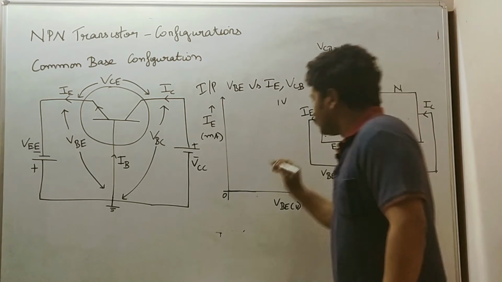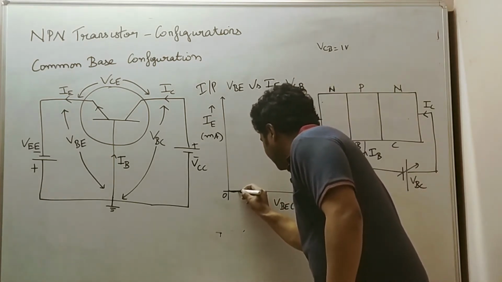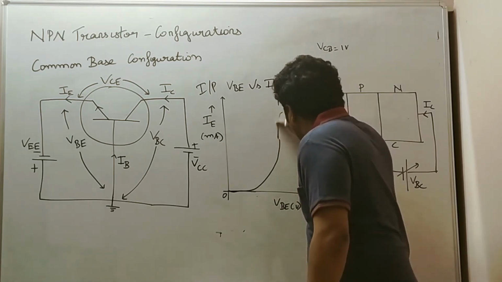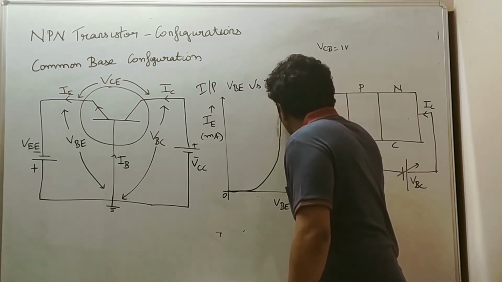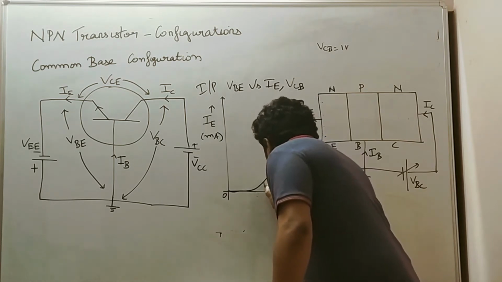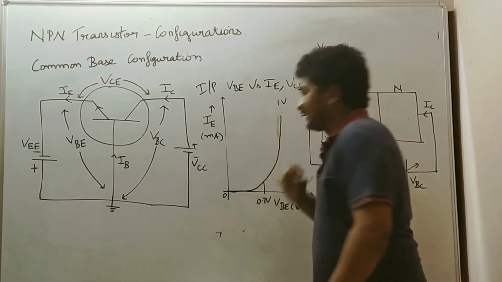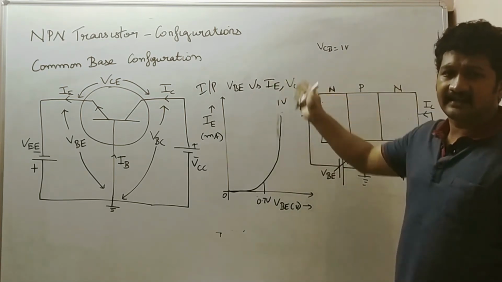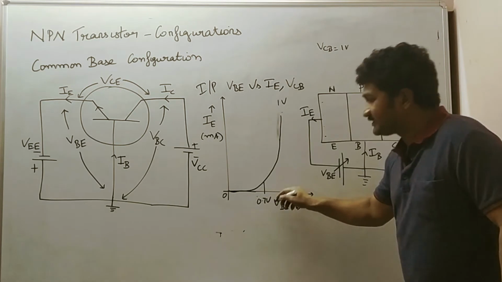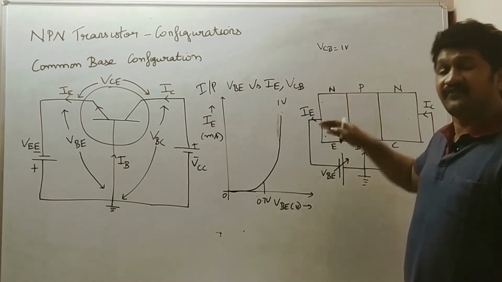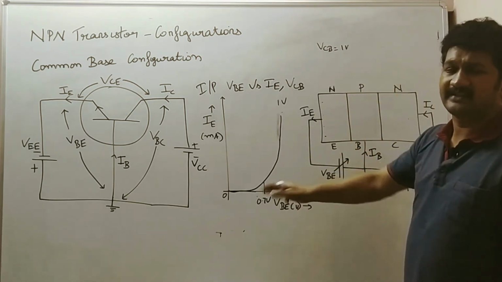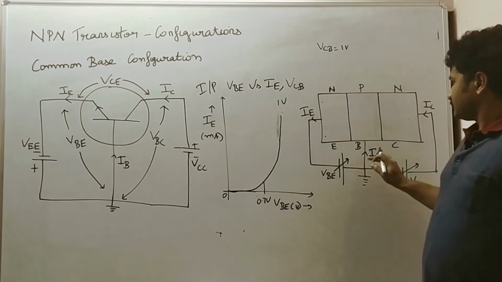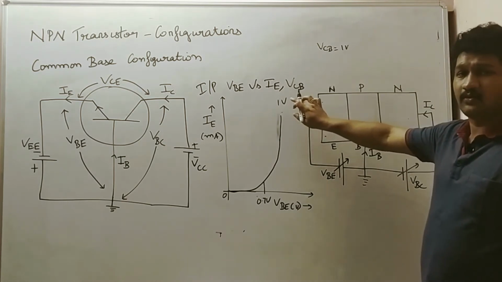So for VCB of 1 volt, the voltage is increased, and at the cut-in voltage we are able to see the increase in current. Even when VCB is increased or decreased, the cut-in voltage happens at 0.7 volt, because it is a silicon diode, and the material here is made of silicon. So this is when VCB is equal to 1 volt.